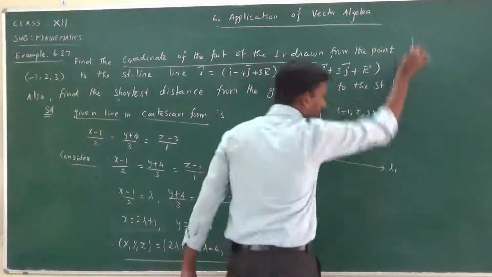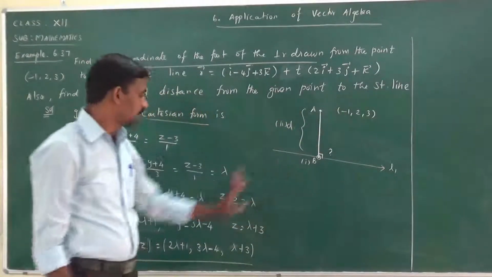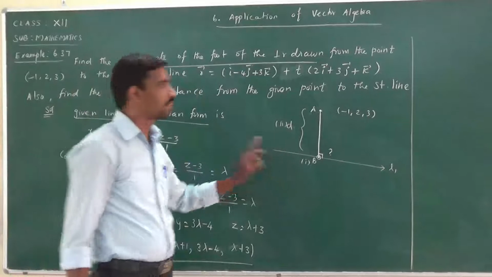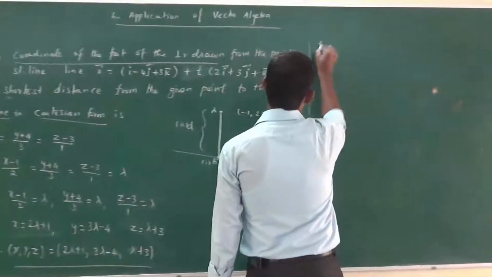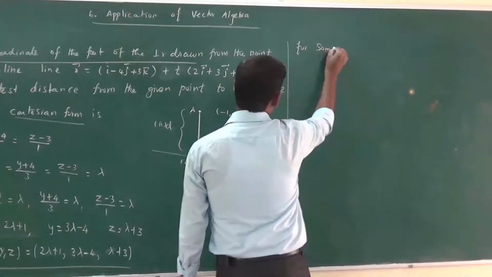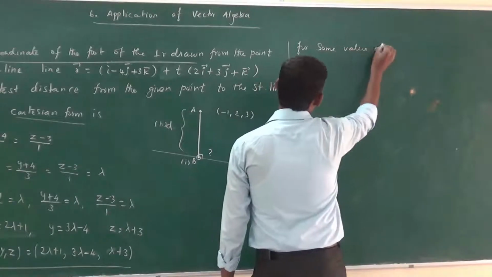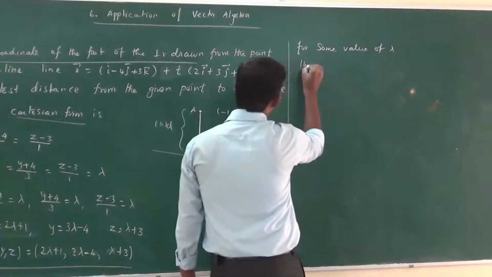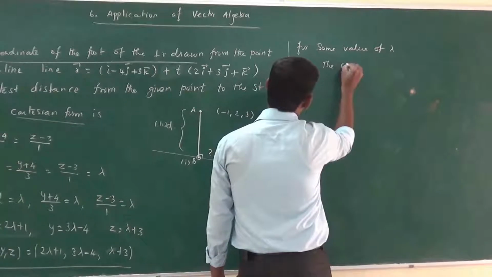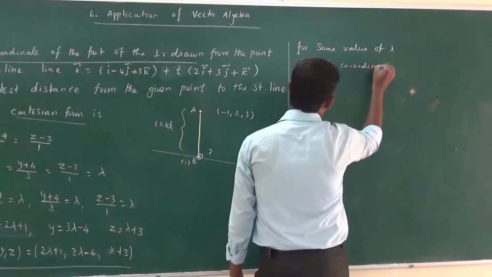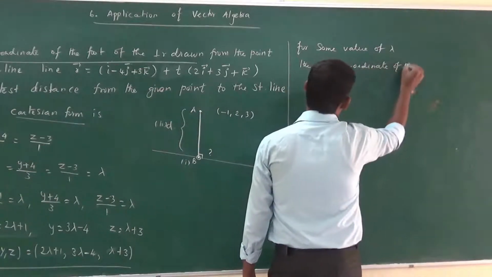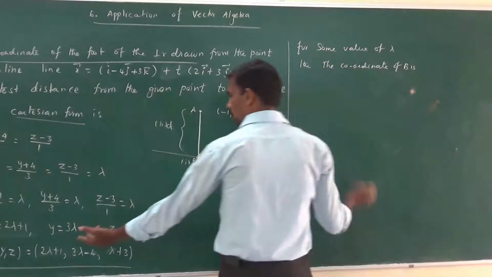Okay? Now, imagine that for some value of lambda, the coordinate of B is what?